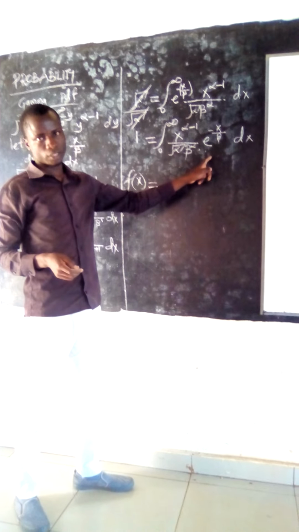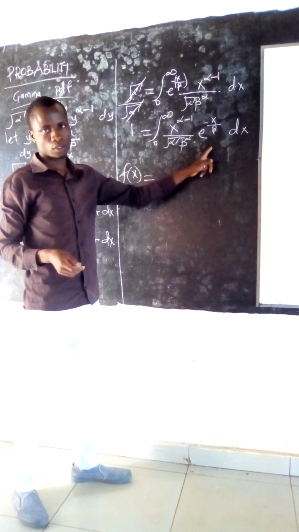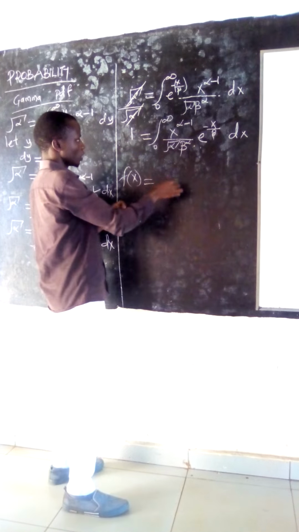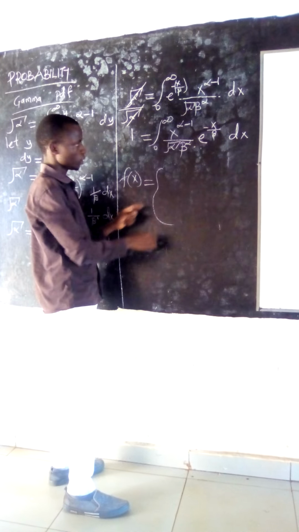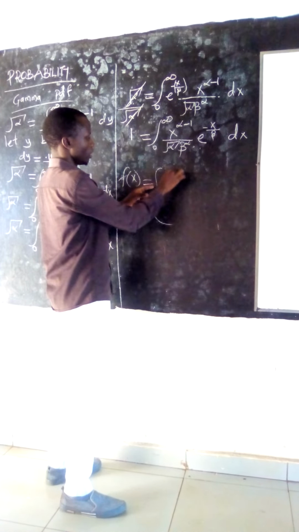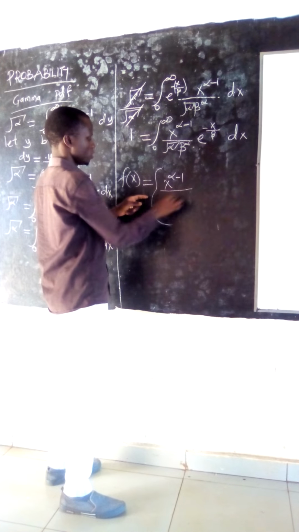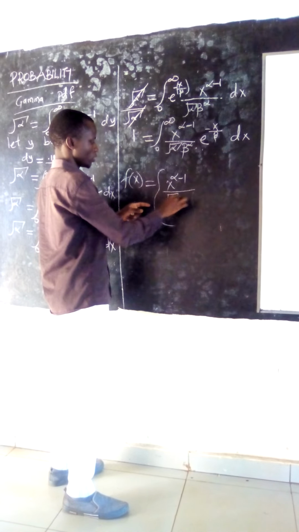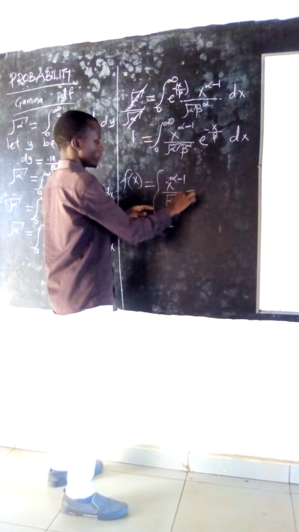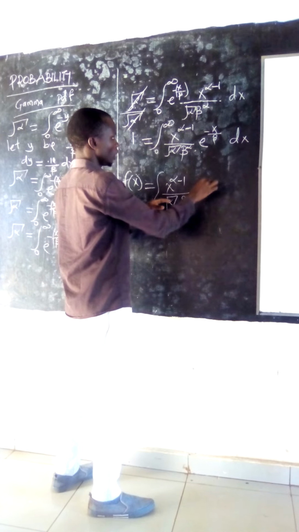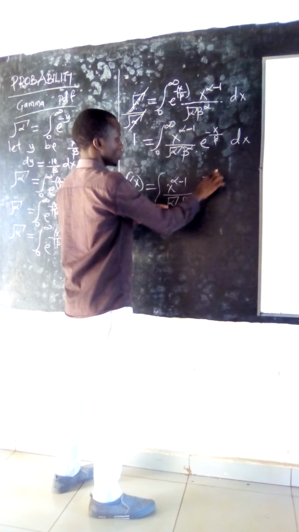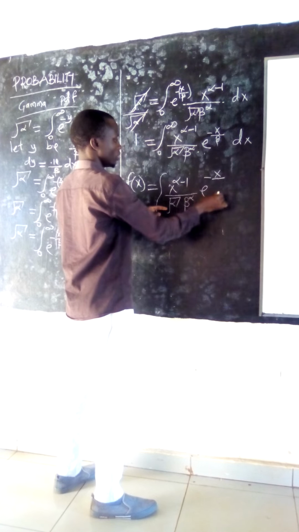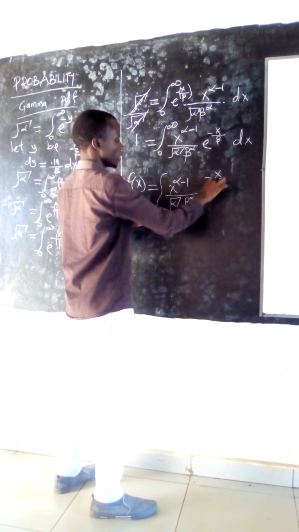Remember, this one is the probability. So I'll say that it is x raised to alpha minus 1 over gamma of alpha beta alpha, exponential of negative x, this one is the x, we write it very big, so that is over beta.